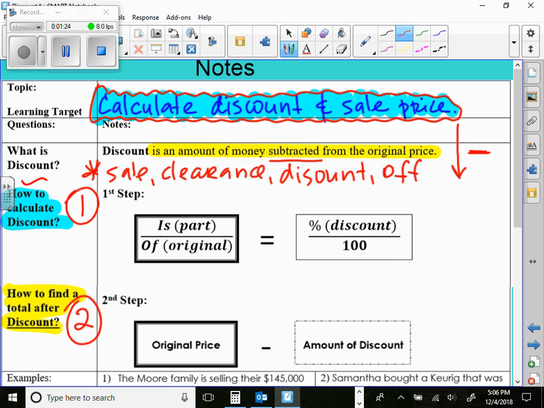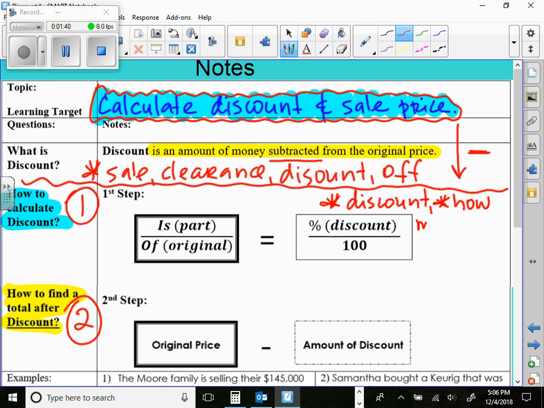So if you're asked to find discount only, that can be worded in so many different ways. They can ask you to find discount, or how much less something will cost, or how much less you will pay, or how much do you save? All these things indicate that you only have to complete one step.